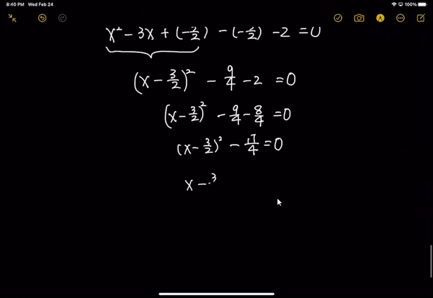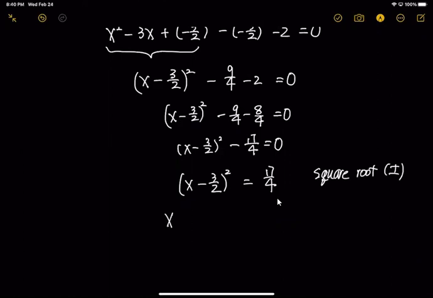Now, we add 17 over 4 on both sides. So I have 17 over 4 on the right side of the equation. And then what? We take the square root on both sides. Remember, when we do square roots, we need to have a positive and negative solution.